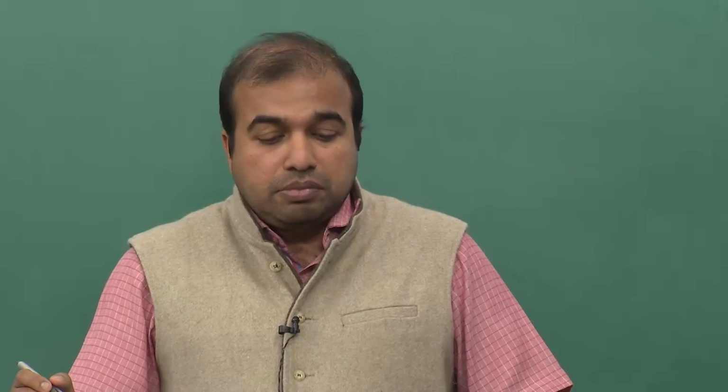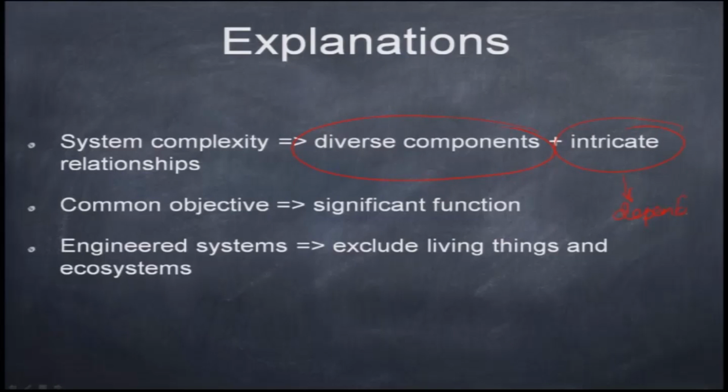So, that is an example of complexity, and this deflection to a large extent depends upon the speed. If it is flying faster, you might not require that much deflection to generate the same amount of force. So, as the operational environment changes, these intricate relationships, to a large extent, depend on the operational environment.